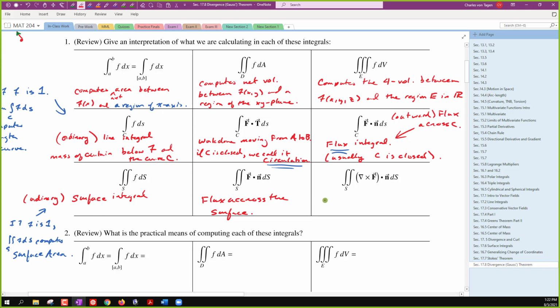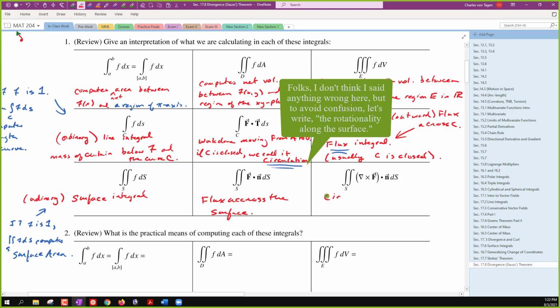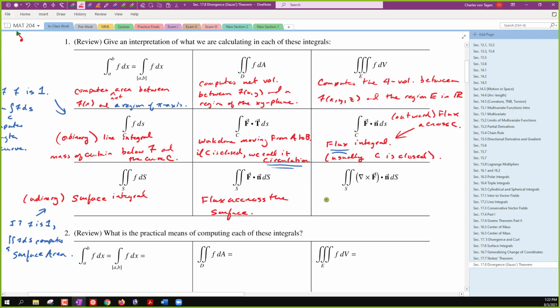Okay? This one is a little bit harder to get a bead on, an interpretation on, but I'm going to say essentially, it's going to be the circulation along the surface. Let me not say circulation. That's a little bit misleading. Let's say it's the rotation at each point along the surface.